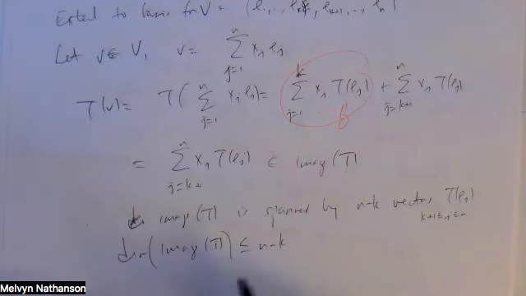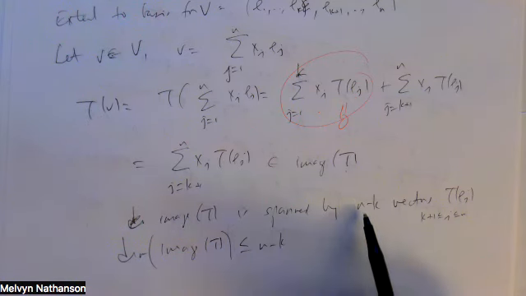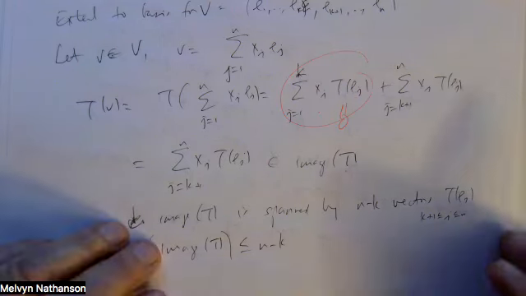And I'm going to prove the dimension of the image of T is exactly n minus k. So these vectors span the image. I want to show that they are linearly independent.